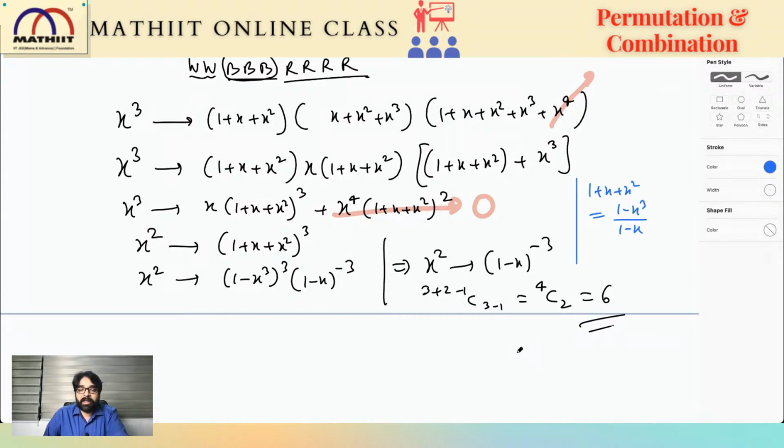If you expand (1 minus x cube) power 3, actually, it will be 1 minus 3x cube plus 3x power 6 minus x power 9. So these cases will be rejected. Only 1 will be left from here, and this will multiply. And now I directly apply the formula, because the x power a coefficient is there: a plus b minus 1 C b minus 1. Am I clear now?